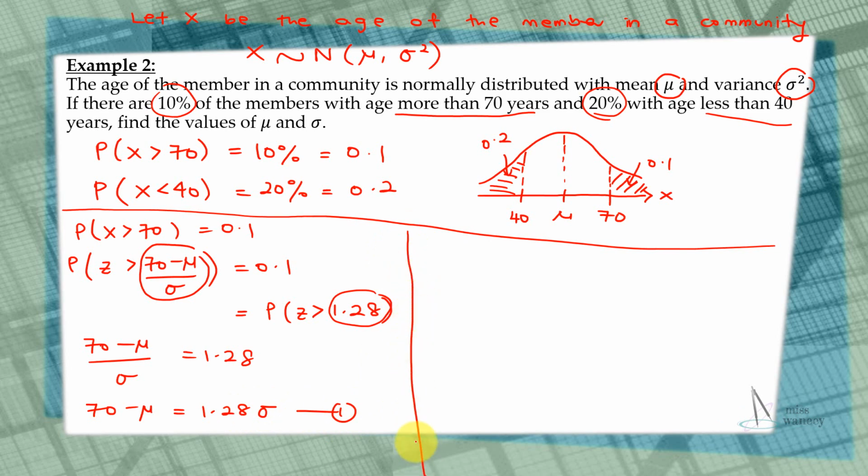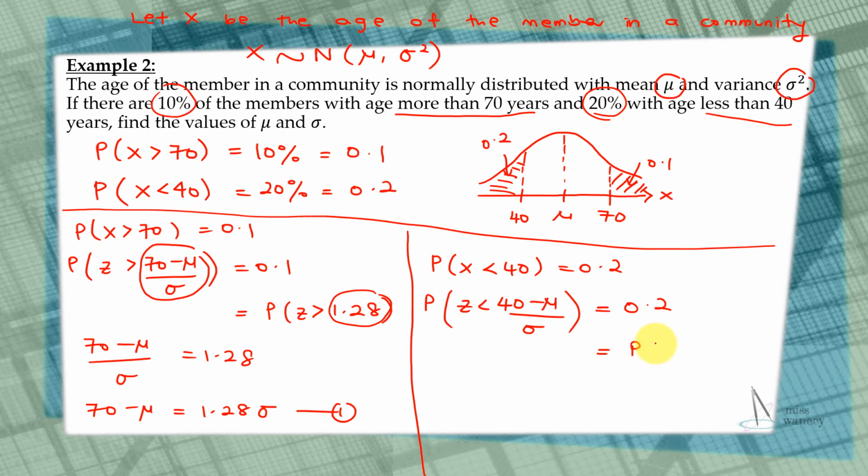Let us see the second equation. We have the probability for x less than 40 equal to 0.2, so this is the probability for z less than (40 minus mu) over sigma, and this is 0.2.